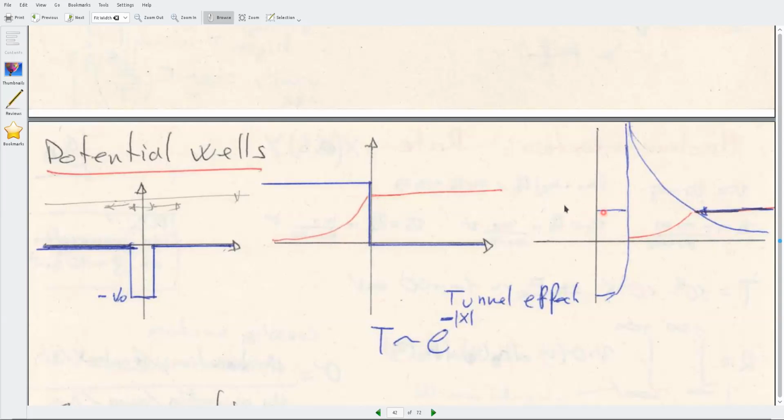Then it can react inside, managing to do the reaction, or do the opposite and go back. In blue is the potential energy. In red here is not the potential, it is just the probability to be there.